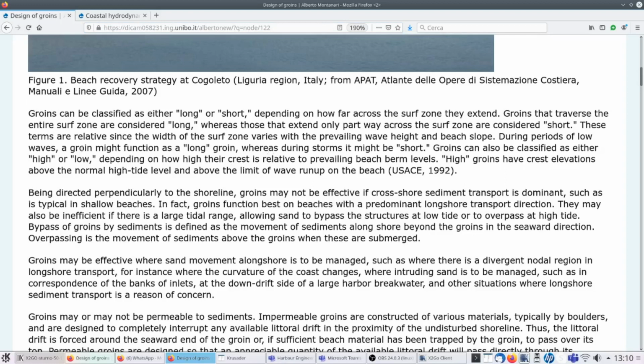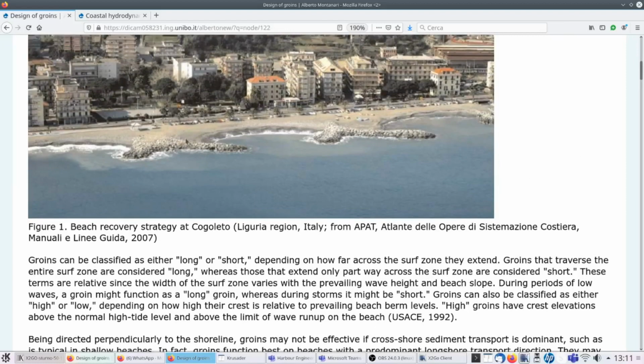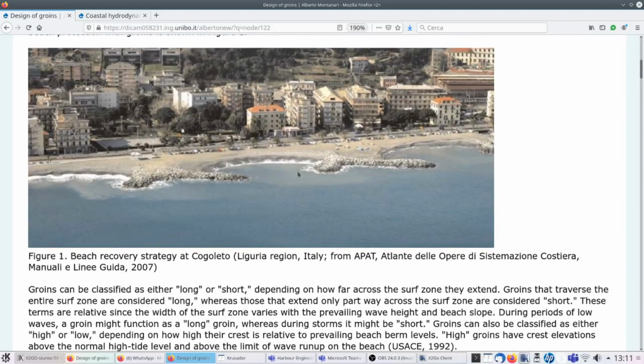Of course, these are relative terms because the extension of the surf zone changes depending on the season, but we refer to average conditions. And sometimes we get groins that go well beyond the breaker line, and therefore they are typically long. Groins like these ones, which you can see here in Cogoleto in Liguria, are short ones.